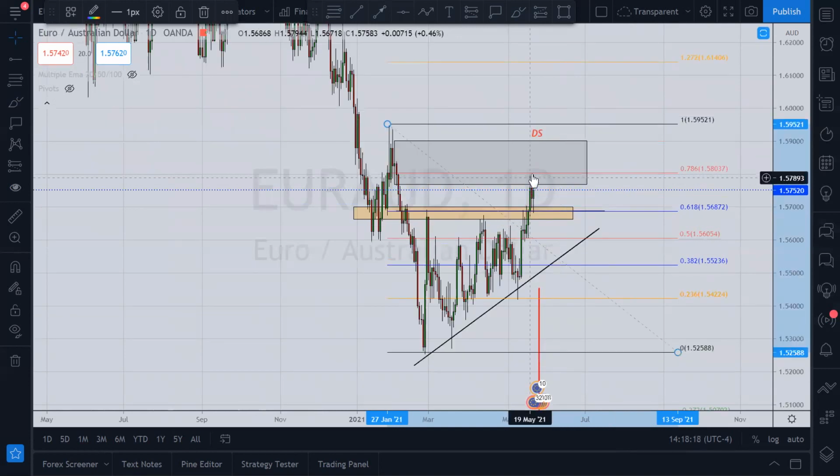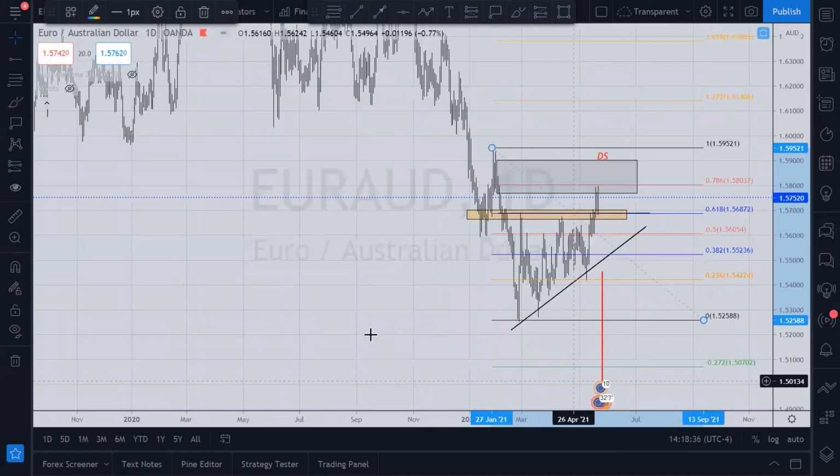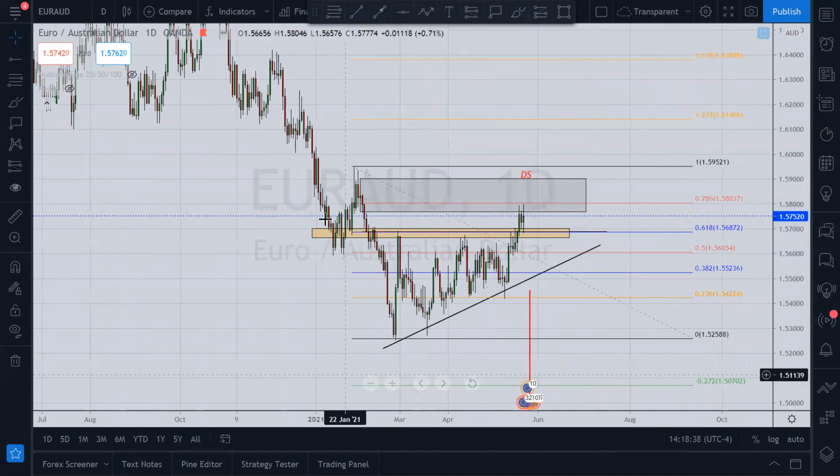And that is the last place where you expect the retracement to end and price to go the other way. And here we are with rejection at that specific spot. Okay, that's one.